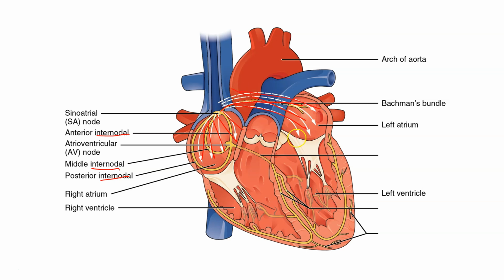Now remember, all the cardiomyocytes in here, the contractile cells, have gap junctions between them. And so even though we're sending depolarizations across here and then across here, that electrical activity passes through and causes a contraction in all of the cells of the atria because of their interconnectedness via the gap junctions that we talked about.